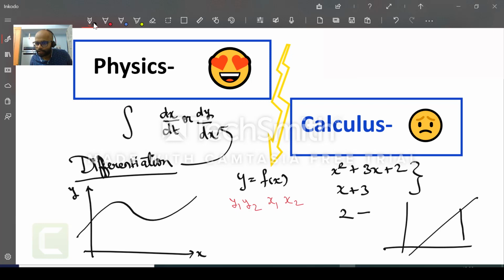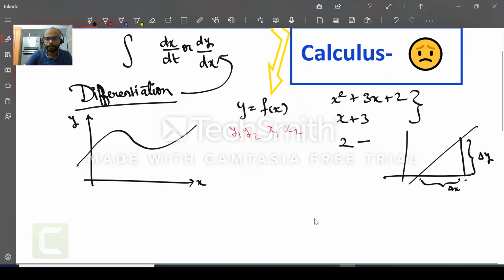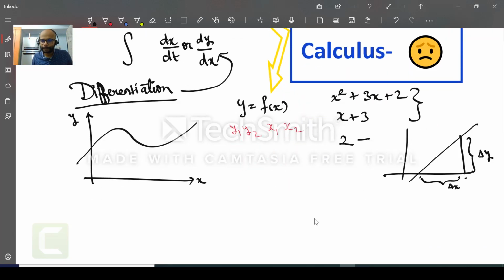You'll take any 2 points. Let's say one point was this and one point was this. You'll say this is my change in y, which is delta y. You'll say this is my change in x, and the slope would become delta y upon delta x, right?